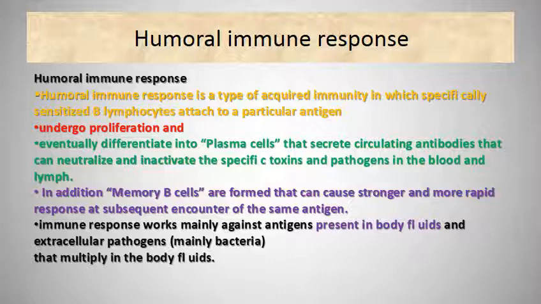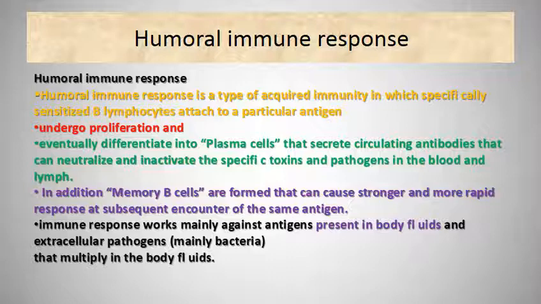They take effect immediately. These plasma cells secrete the antibodies, those Y-shaped antibodies, the antigen receptors. So the plasma cells secrete the antibodies into the blood and the lymph tissue fluids, and they do not kill the cells, but they can neutralize and inactivate the toxins and pathogens in the blood and the lymph.